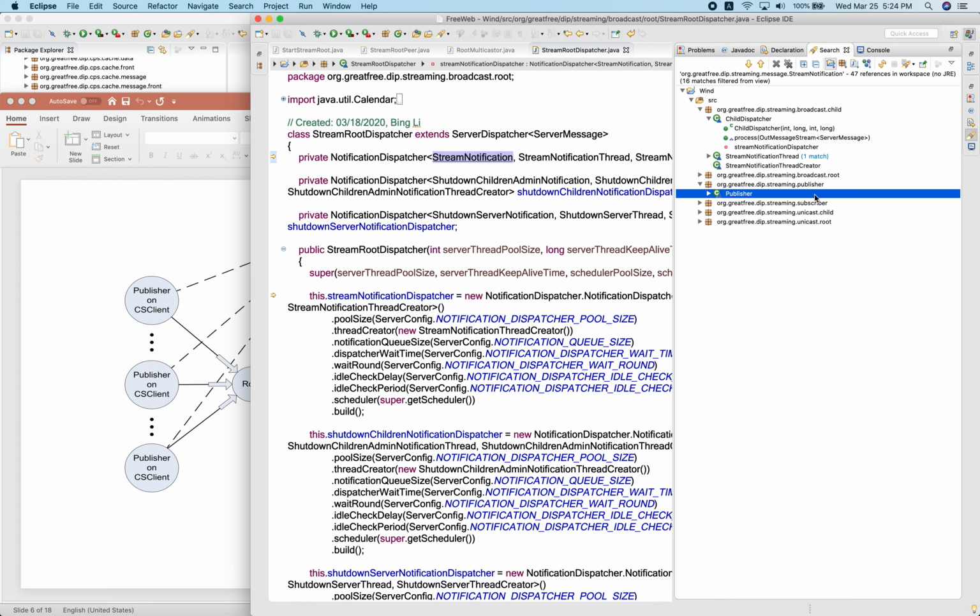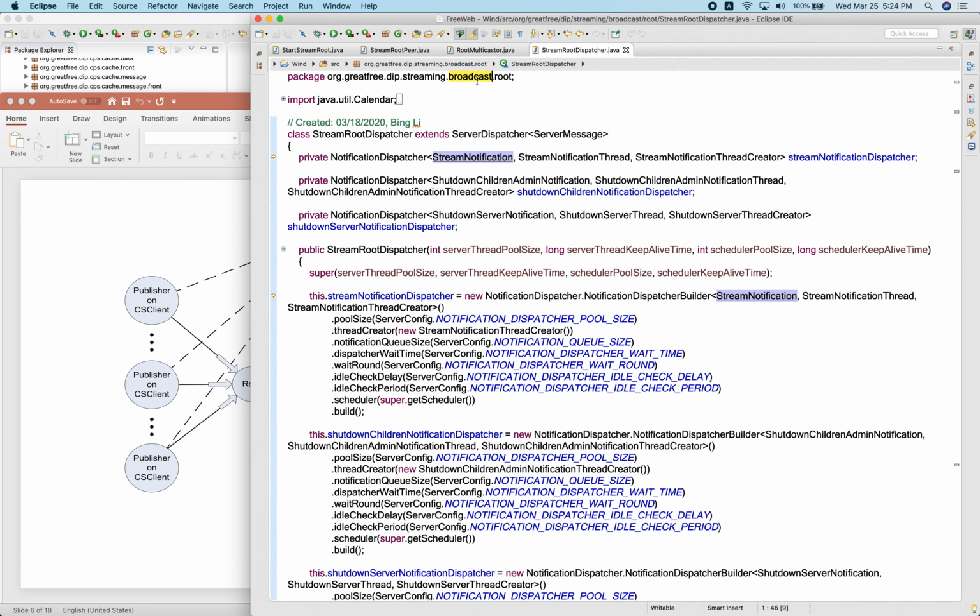The publisher is the data source for streaming. So the publisher sends its data through a stream notification to the root, and the root is responsible for transmitting this data within the hierarchical structure, within the multicasting framework, using multicasting, because we now talk about the polling broadcasting solutions for the streaming framework.